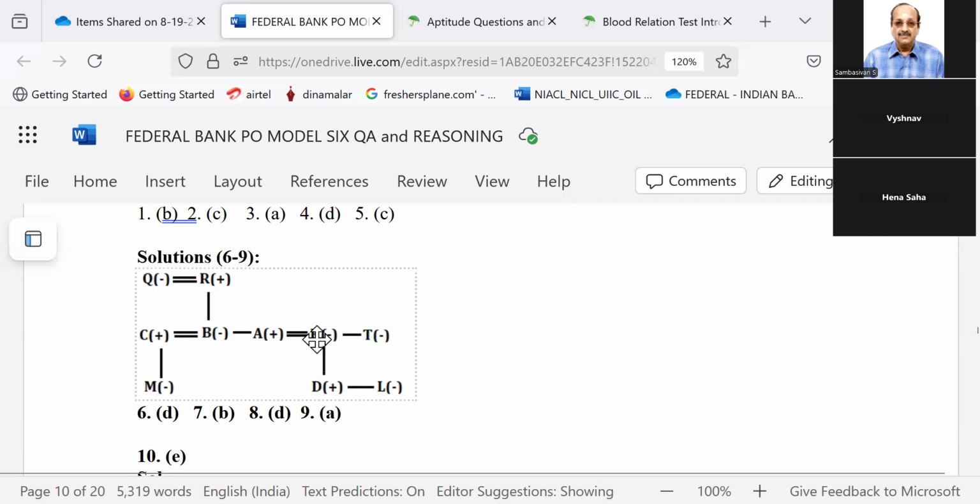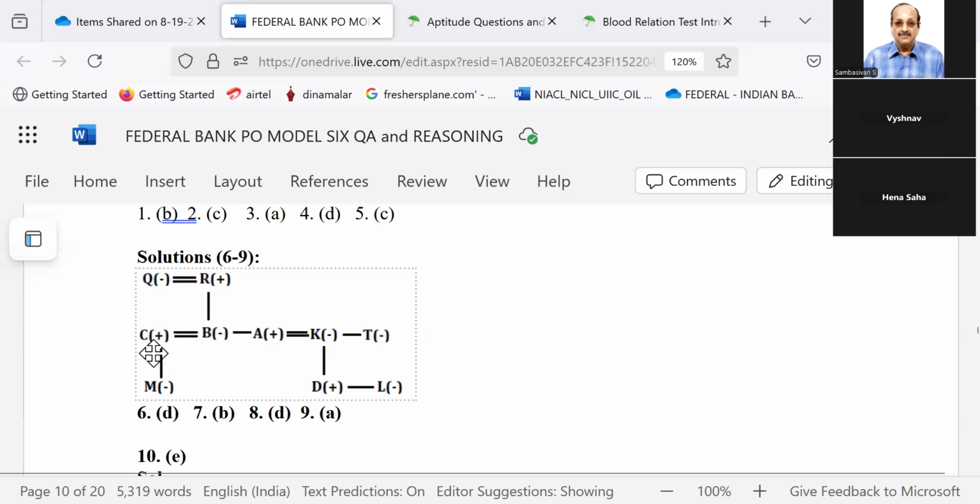So these two are siblings. K and T are siblings. They are married to the son of K, R, and B is daughter of R. See, R has got one daughter B, one son A.